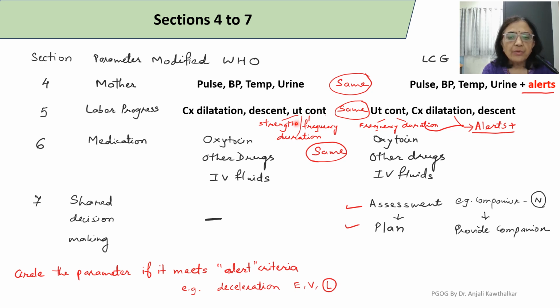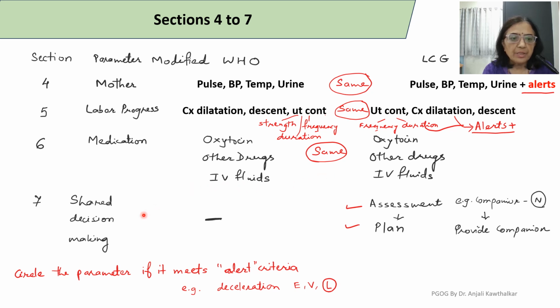Uterine contractions we were labeling as strength, duration, and frequency of contractions, whereas strength has been removed from LCG because strength is a subjective way of assessing the contractions. What is now documented is only frequency and duration. And uterine contractions and dilatation are also having alerts.